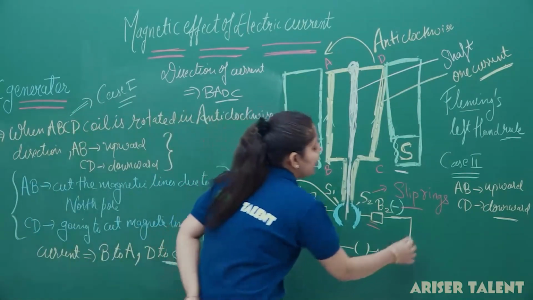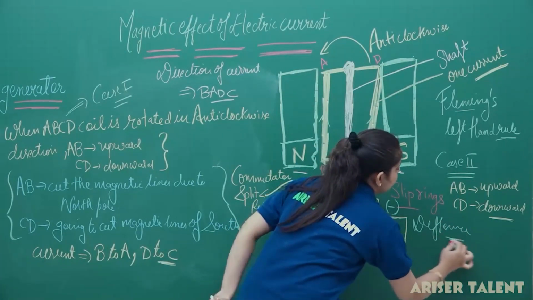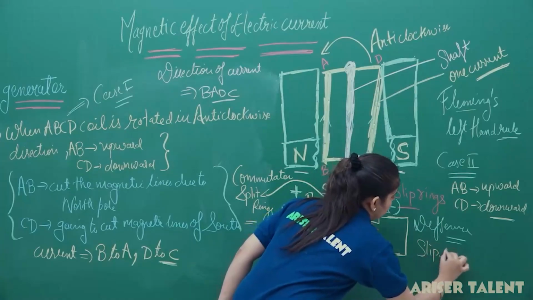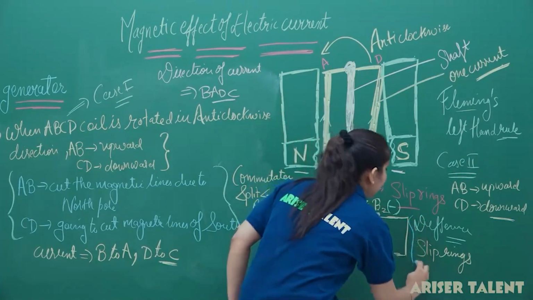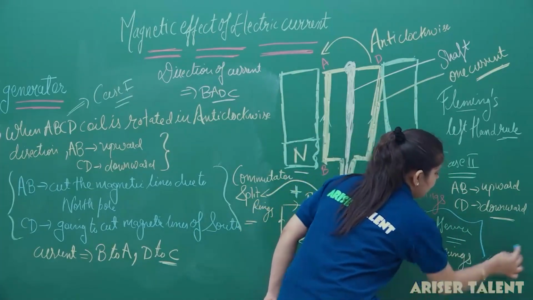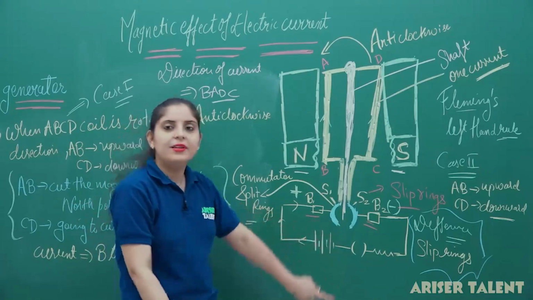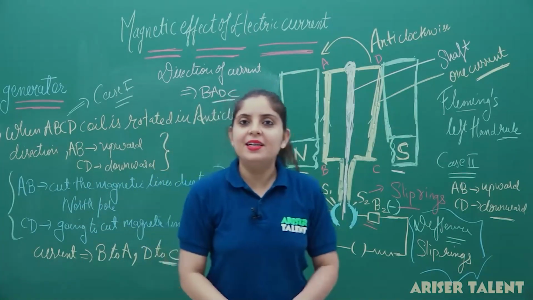The difference between AC and DC generator is only about slip rings. In AC you have taken the two complete slip rings, and in the DC generator we have just taken the half rings. So this is all about the generators we have discussed.